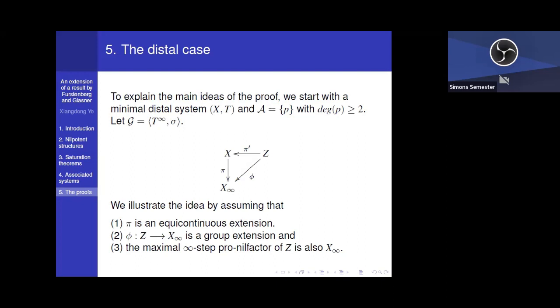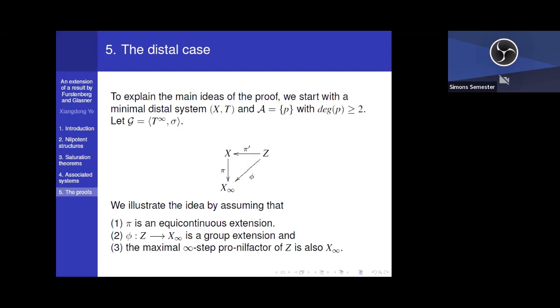We assume this phi from z to x infinity is a group extension. So we know every equicontinuous extension is a factor of a group extension for distal systems. But we don't know if the maximal infinity step polynomial factor of z is also x infinity. We don't know, but to explain the proof, we can assume.